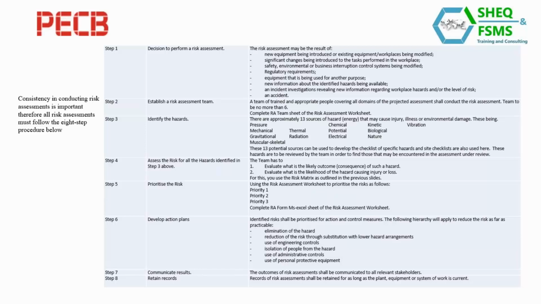These 13 potential sources can be used to develop the checklist of specific hazards, and site checklists are also used here. These hazards are to be reviewed by the team in order to find those that may be encountered in the assessment and the review.